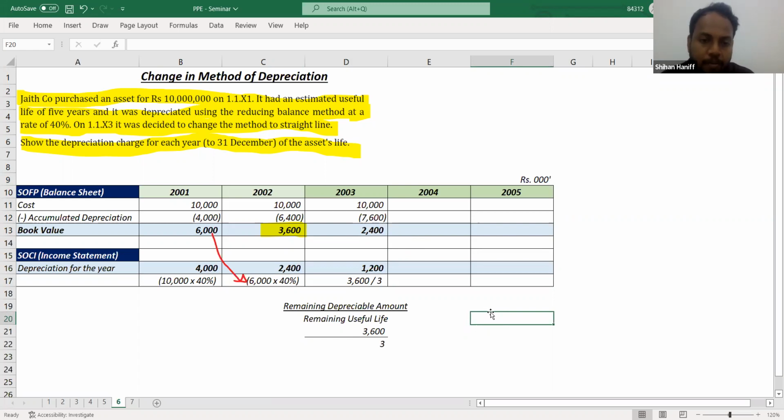So 6,400 plus 1,200 is 7,600. Then the remaining book value is 2,400. There is no residual value, no scrap value. Therefore, it's very simple: remaining amount divided by lifetime.